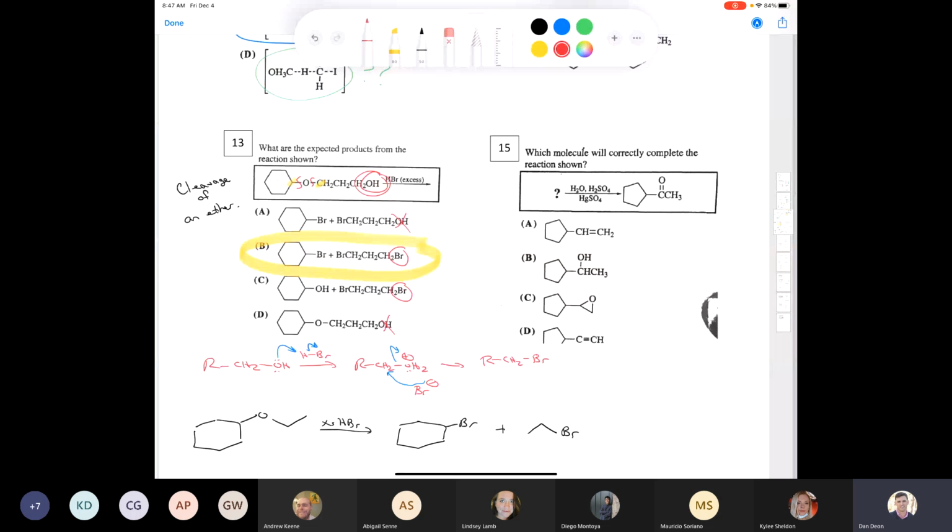All right, let's try number 15. 15 is just a pure memorization problem as far as I'm concerned. Which molecule will complete the reaction shown below? I'll give you a second. Think about this one.